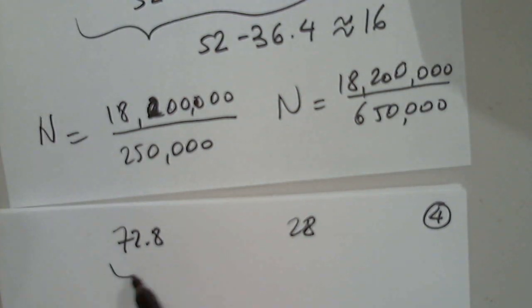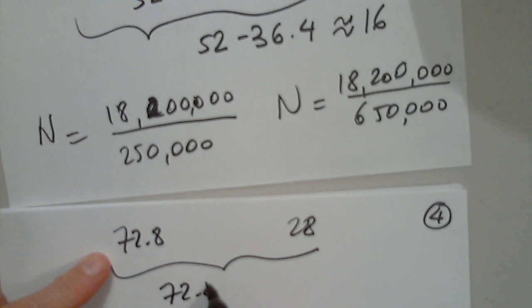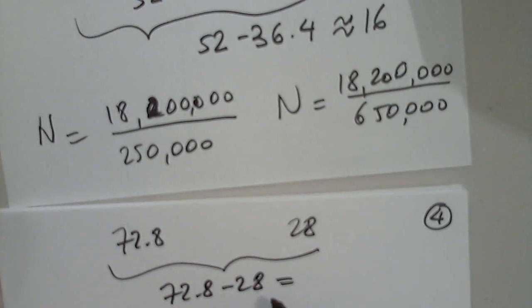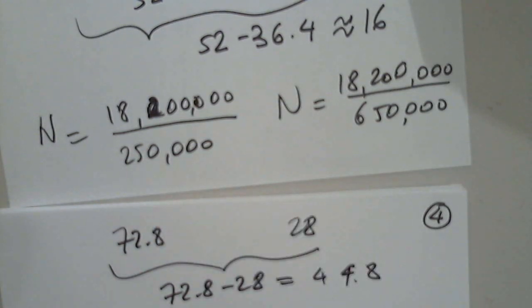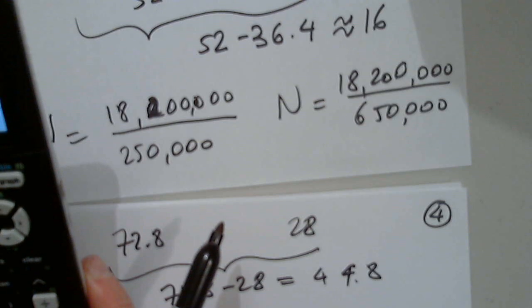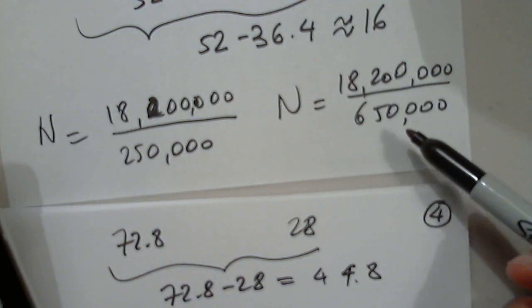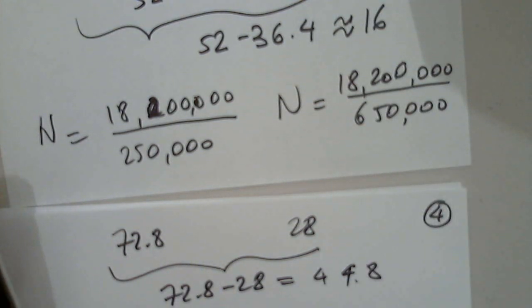So now the difference between these two will be 72.8 minus 28. And what do I get? 0.8 and 4 and 2 from 6. I got 72.8 for this. And I got 28 for this.